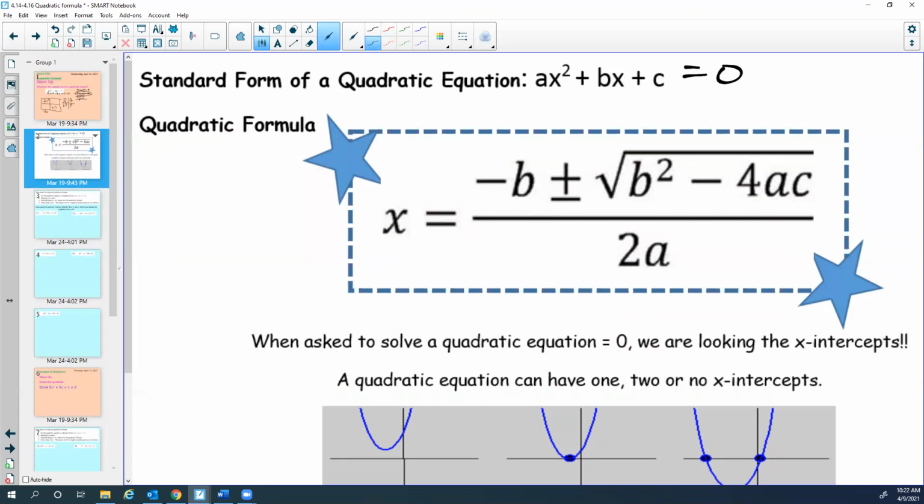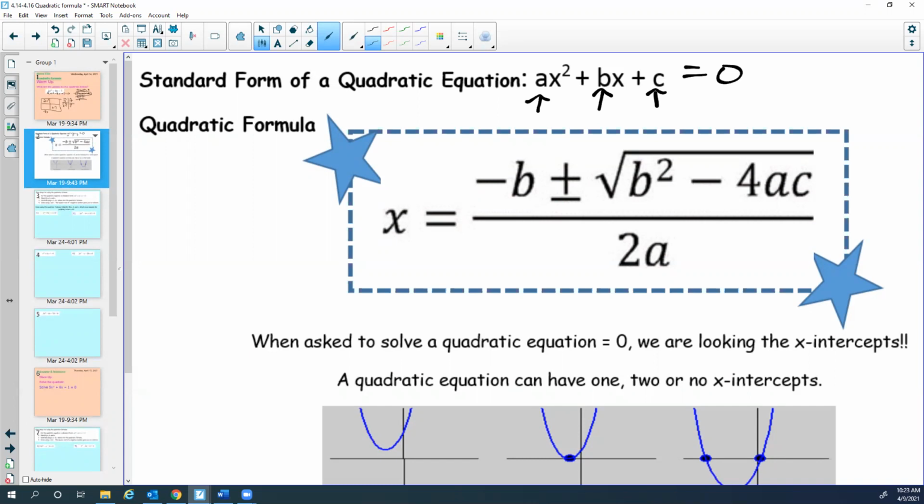In the quadratic formula, notice you have 3 different letters, A, B, and C. Each of those letters is going to represent a number from your standard form equation. So A is your coefficient of x squared, B is your coefficient of x, and C is your constant.